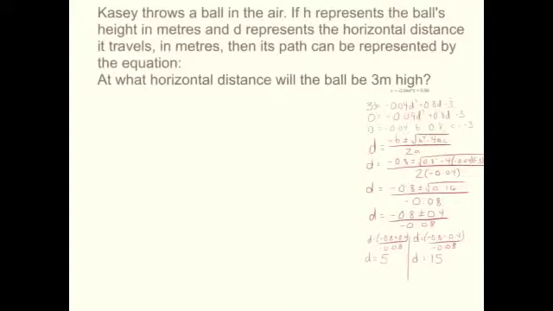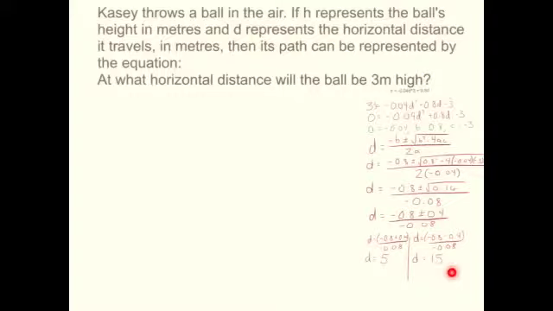And now, if the question is written in a sentence, then your answer should also be written in a sentence. So just to go back to the question, it says at what horizontal distance will the ball be 3 meters high? And our answers are horizontal distance, because remember that's what the d represents, and it's in meters. So the d is either 5 meters or 15 meters.